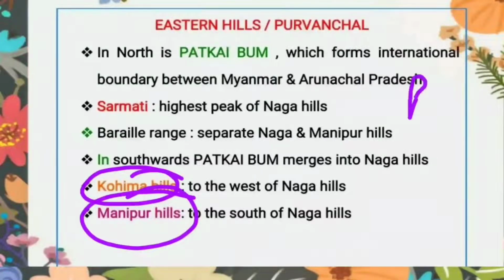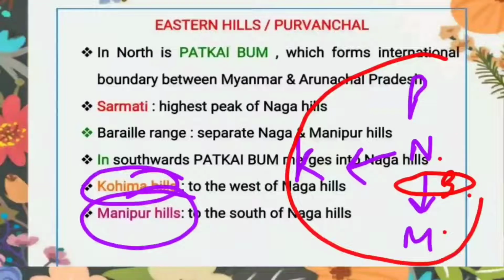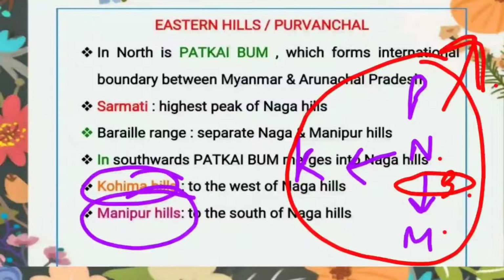So when we have Patkai Bhum, then the Naga Hills, to the west of it will be the Kohima Hills, to the south of it will be Manipur, and in between the Naga and the Manipur we have the Bareil range. So this is how you can give a map representation for the same, and in this way you will be able to memorize it more properly, and also you can give a representation in this way in your mains exams, and it will be very helpful and will get you more marks.